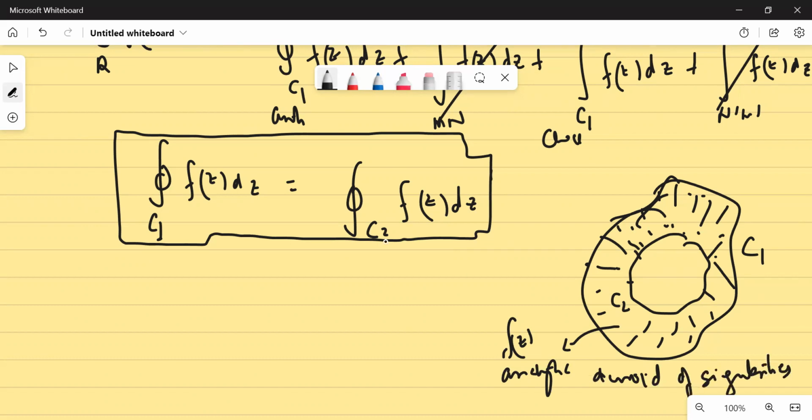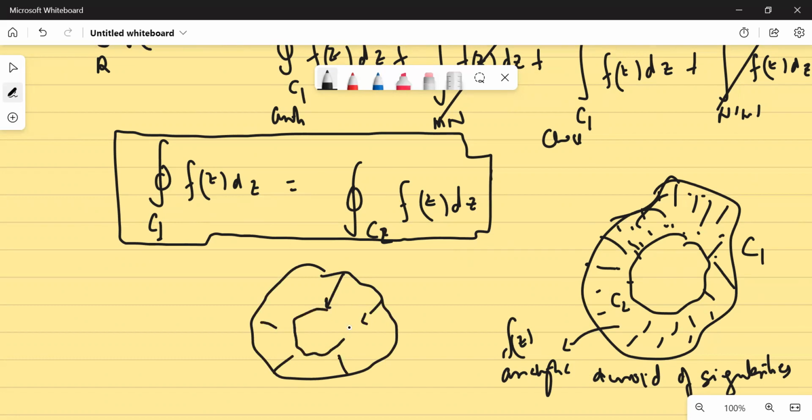So what does this result say? That if I integrate over C1 or if I integrate over C2, they are one and the same thing. That is, if I am writing C1, I can shrink this region to C2. Integration over this C1 would mean integration over this C2 if I shrink it. But the only condition is that while I shrink, the region that I'm encountering is analytic.